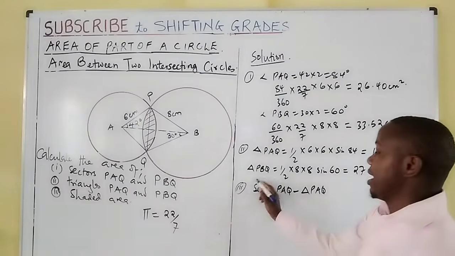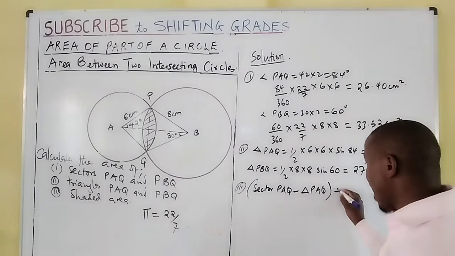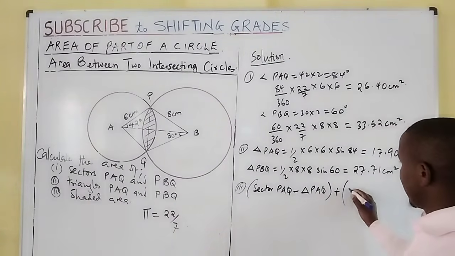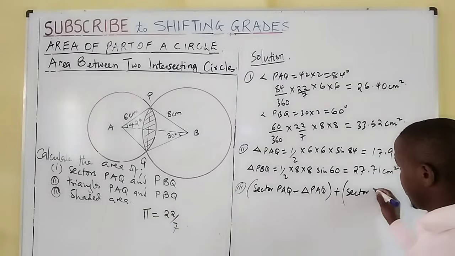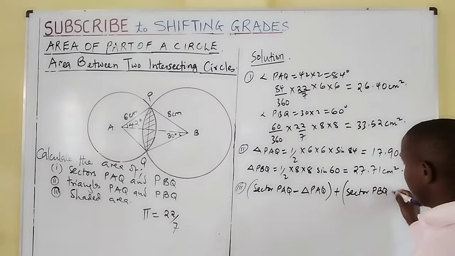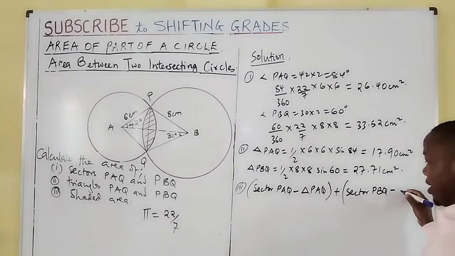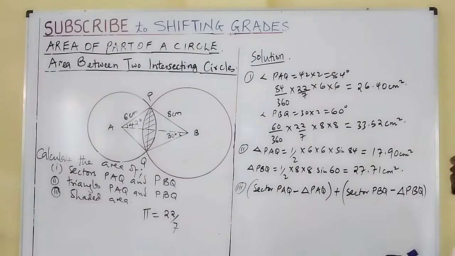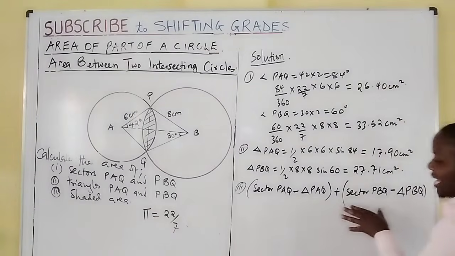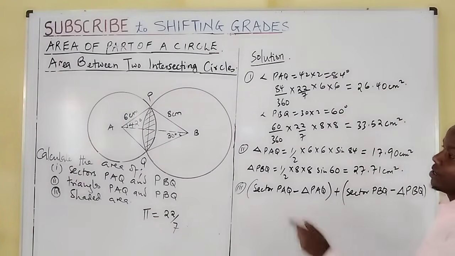And after getting the segment there, we add, when we take the other sector PBQ, and we subtract the triangle in PBQ also, then we will be getting a segment, and we add them. They are giving us the shaded area.